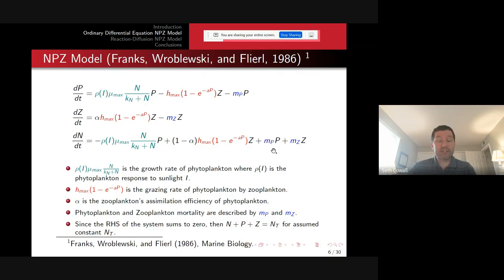In this particular model, we'll make a simplifying assumption that we have a closed system and all the plankton gets recycled. With that convenient simplification, we end up with a closed system. This would mean that the sum of our state variables would be equal to a constant.